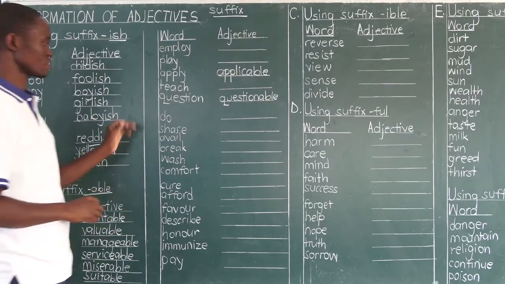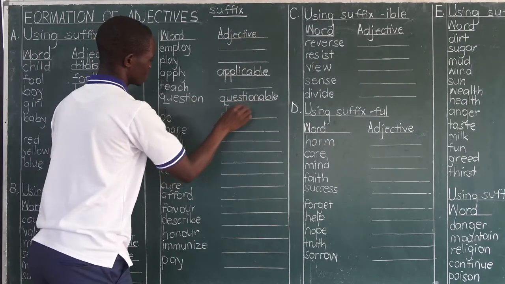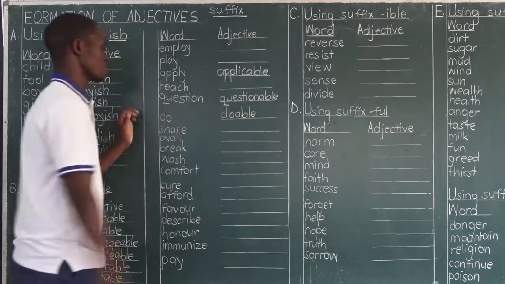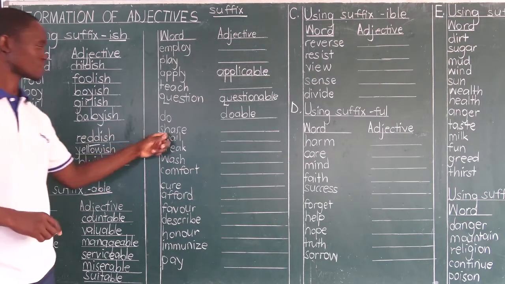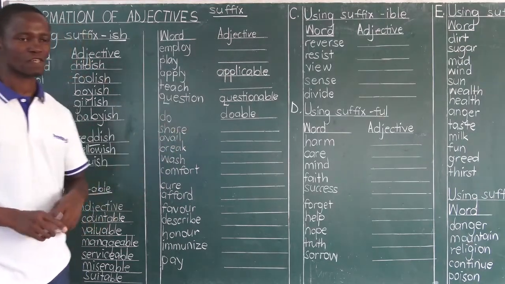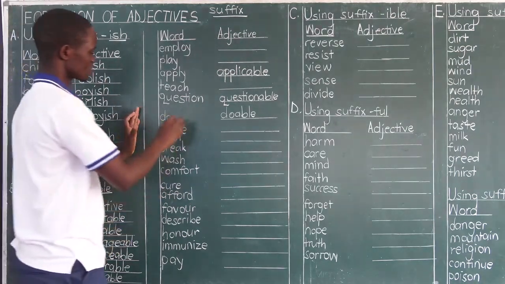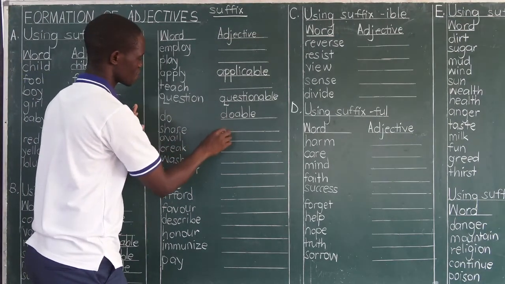Then do. Doable. Doable is our adjective from the verb do. Share is our next word. Unlike manage, unlike service, share has a different spelling. Share throws away its last E, and what replaces the last E is our suffix, which is able.